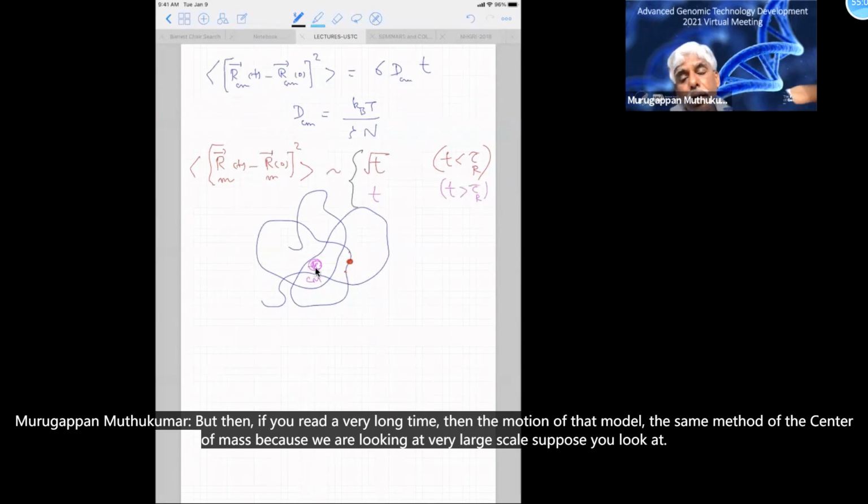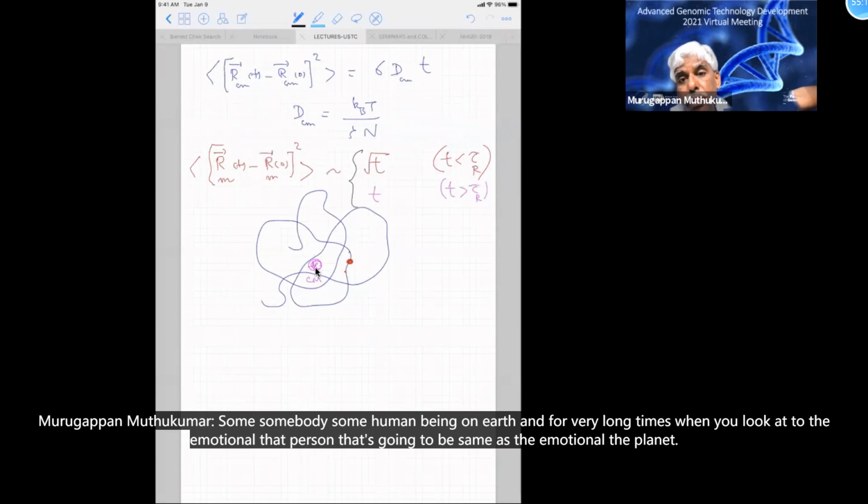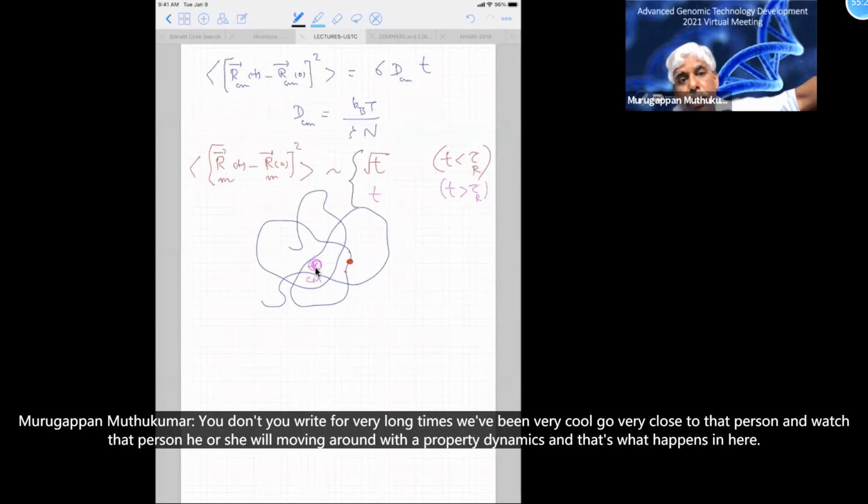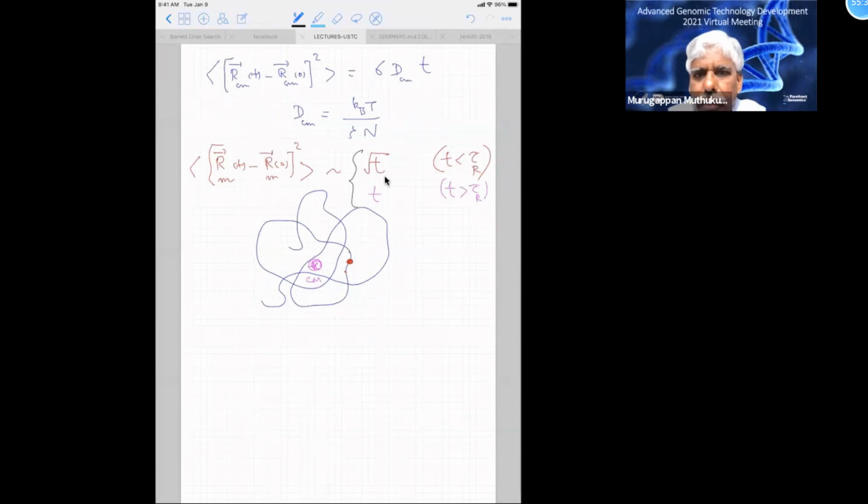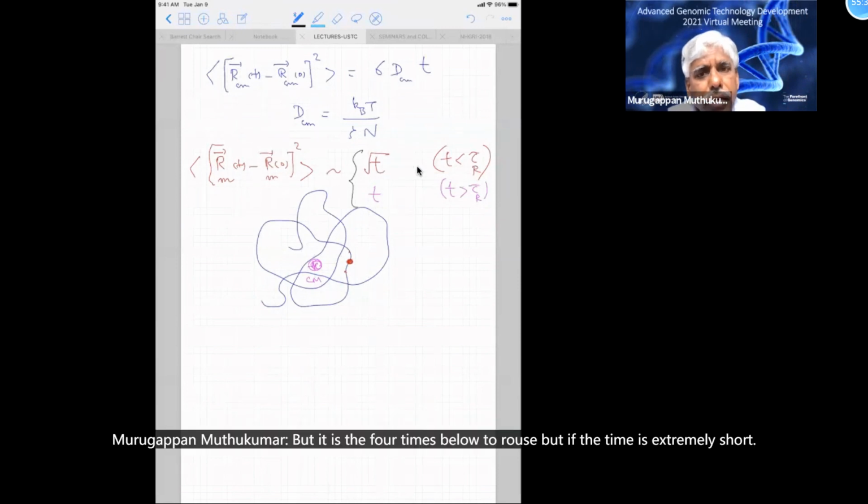Suppose you look at some human being on Earth, and for very long times, the motion of that person is going to be the same as the motion of the planet. But when you go very close to that person and watch, he or she will be moving around with appropriate dynamics, and that's what happens here. But this is for times below tau Rouse.